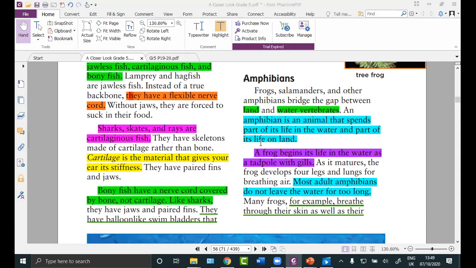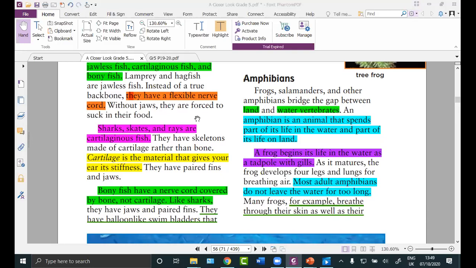A frog begins its life in water as a tadpole with gills. As an adult, the frog develops 4 legs and lungs for breathing, and most amphibians do not live in the water for too long.